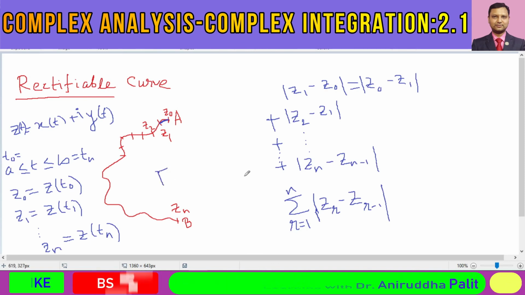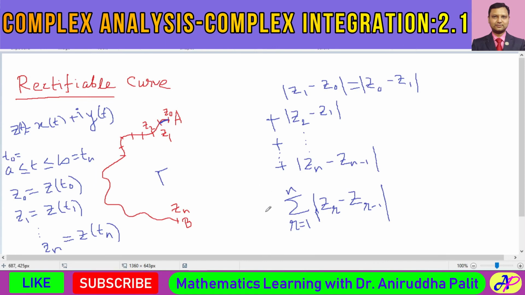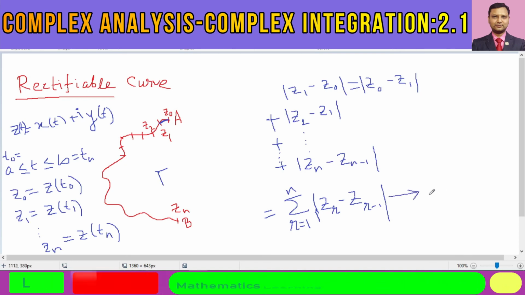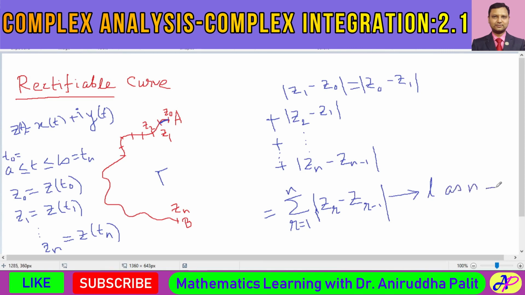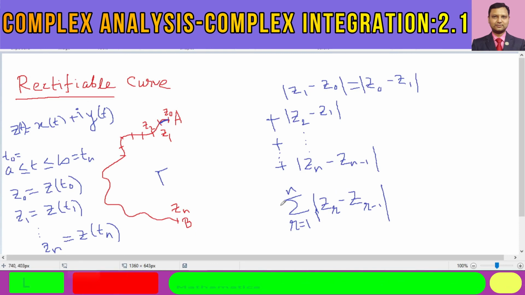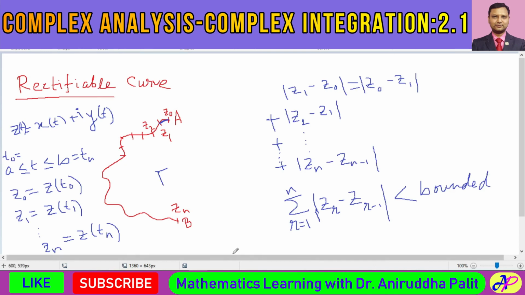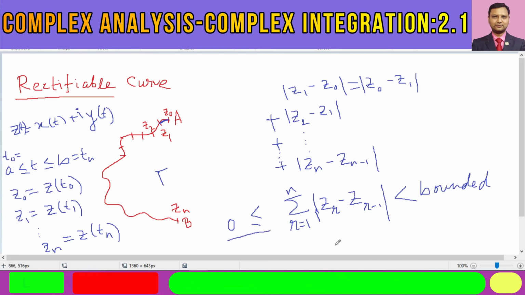Let us denote this curve by gamma. So if this curve has a finite length, then taking this limit n tending to infinity, we will ultimately be able to reach the length of that curve, L. So in order to have this kind of finite length, we will find that this total summation will be bounded from above, and of course from the lower side it is bounded by 0, because this is the summation of lengths, and length can never be negative, so these quantities are all greater than or equal to 0.